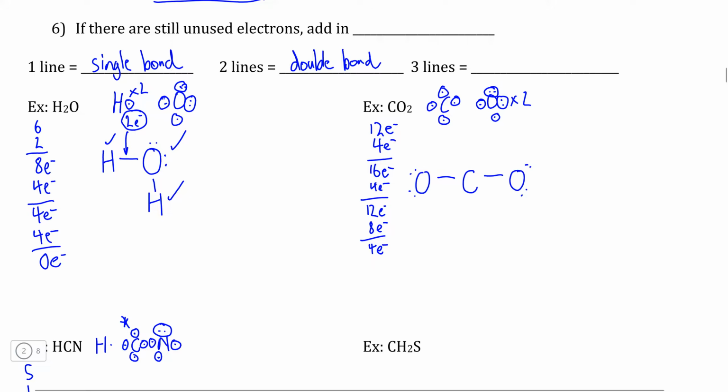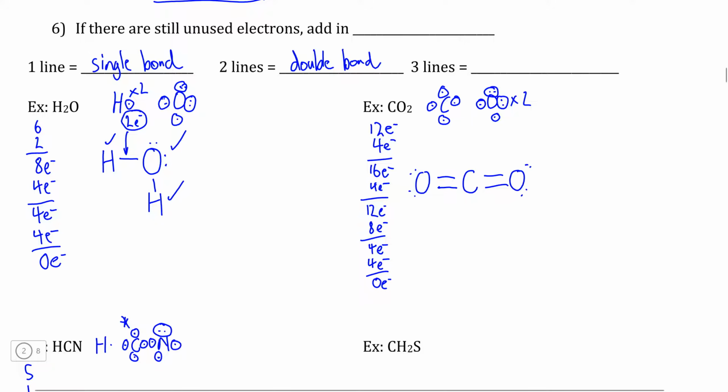And we'll see this is particularly effective with carbon dioxide, because carbon is actually missing 4 electrons. It has 2 electrons from this bond and 2 electrons from this bond, and we still need to use 4 electrons. So if we add 2 double bonds, we have just added our last 4 electrons in, so we have used all of the electrons that we have available.